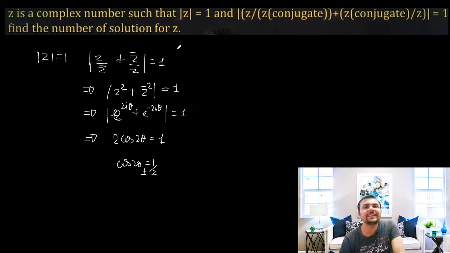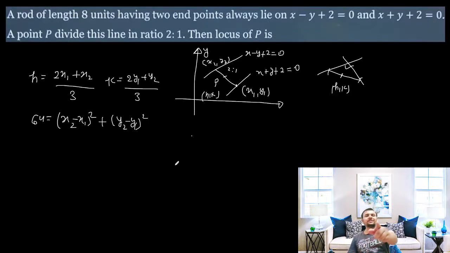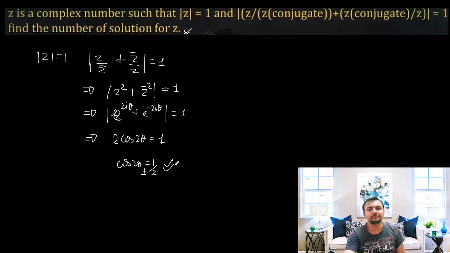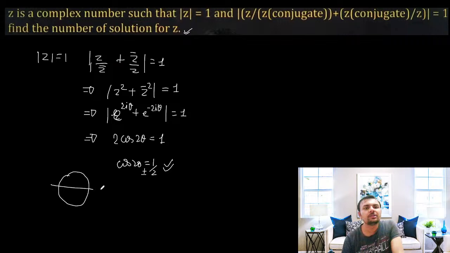Now one thing is left: we should know the limit of theta, which is not given in this question. Okay, we can do that. x square plus y square is 1.